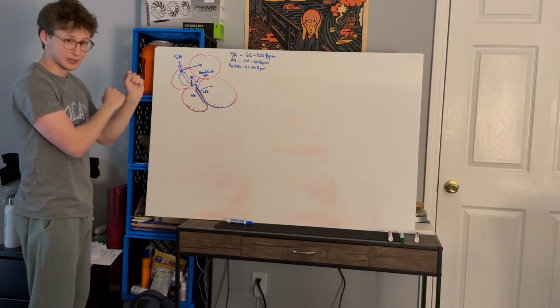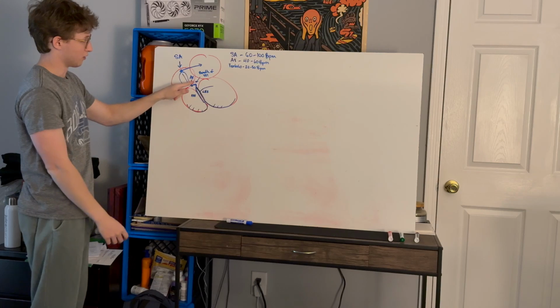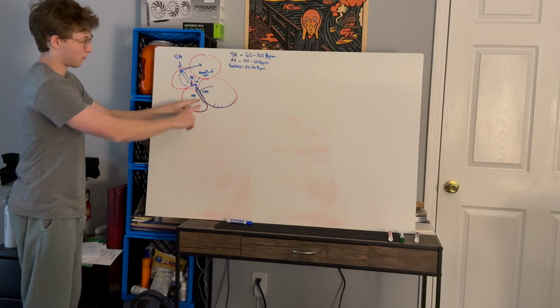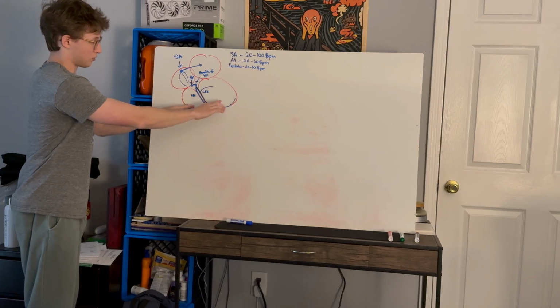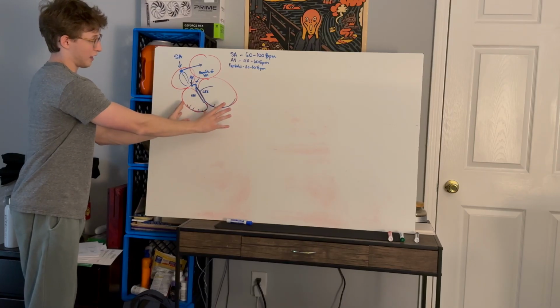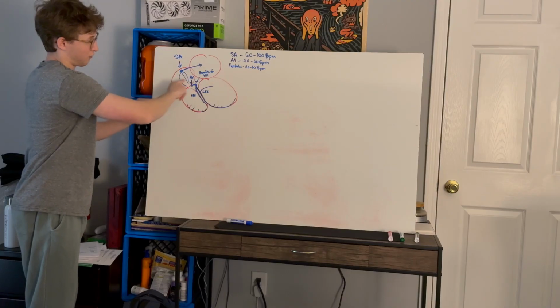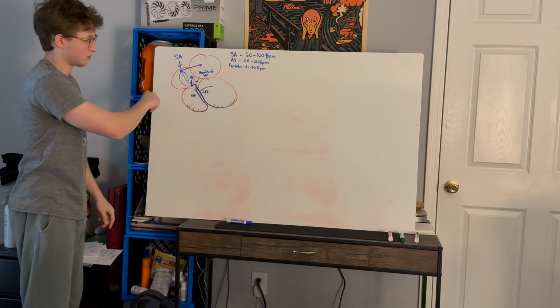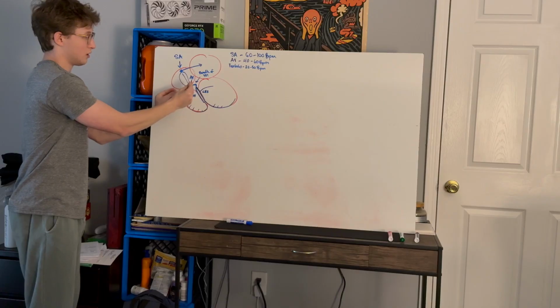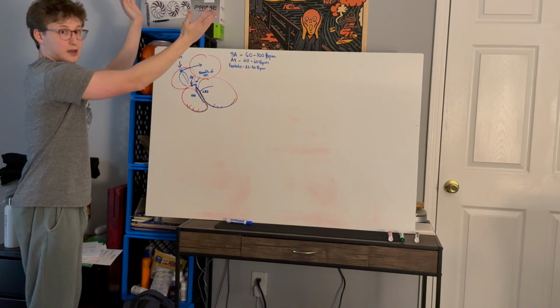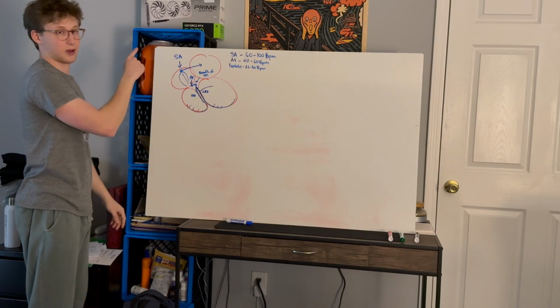The AV node then releases the impulse down through the bundle of His and the bundle branches. It starts depolarizing the ventricles starting at the apex and then up towards the base of the heart, which is the top of the ventricles. Ventricles contract, push blood out of the heart. They relax, and it restarts again.